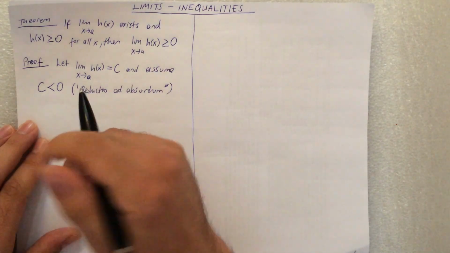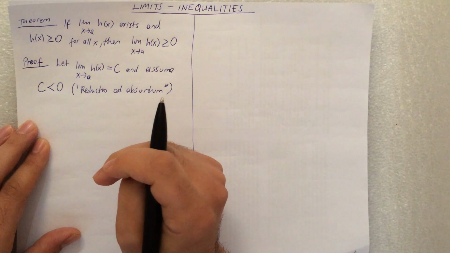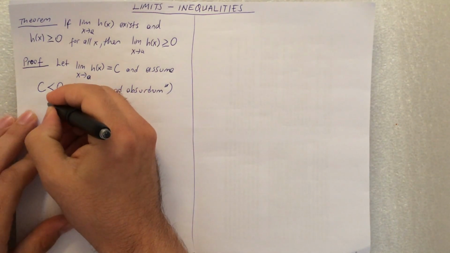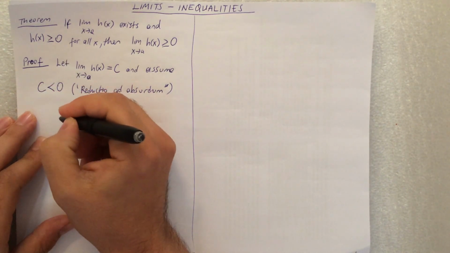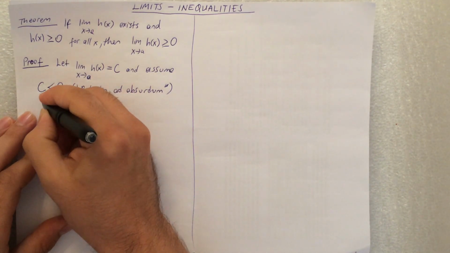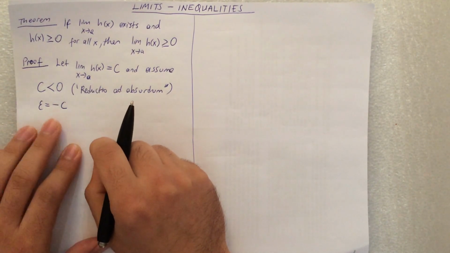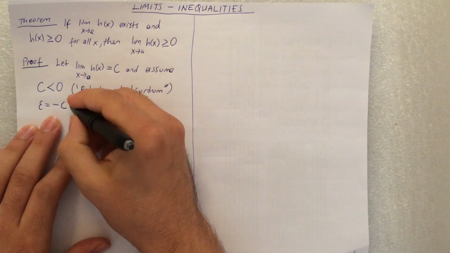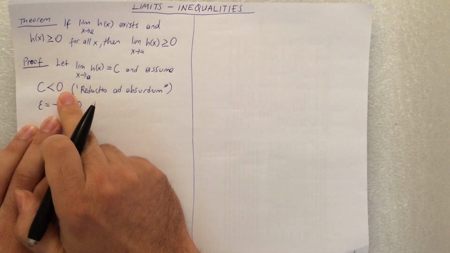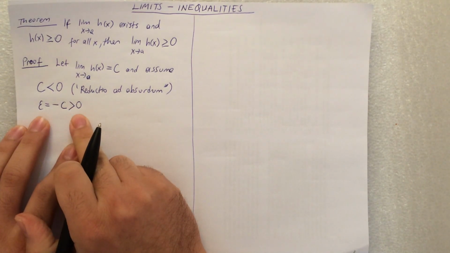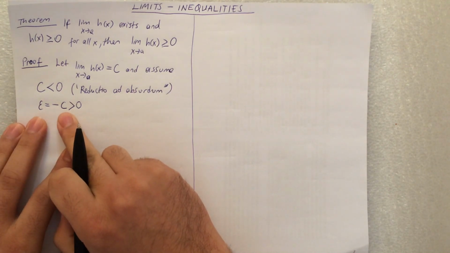And if you remember the delta epsilon definition of limits, any value of epsilon can be given to us, and let's assume that epsilon is given as minus c. This can be given because this is a positive value. If c is less than 0, then minus c is going to be larger than 0.